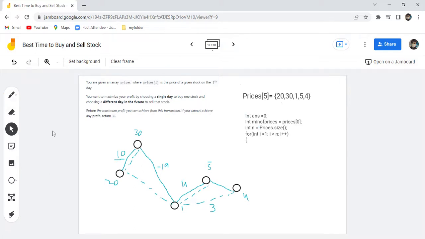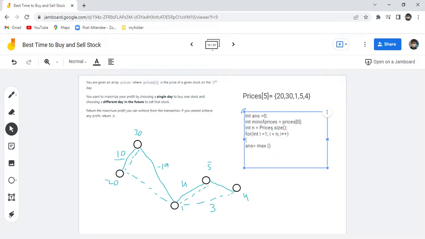So now to write some code, we can see clearly that in our answer we have to store the maximum profit.